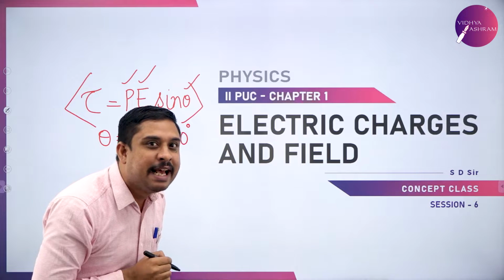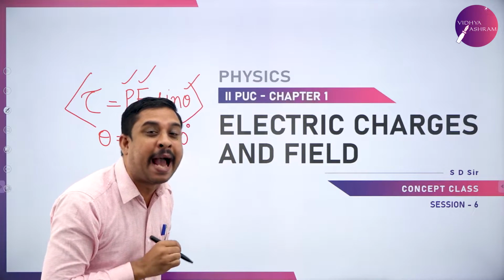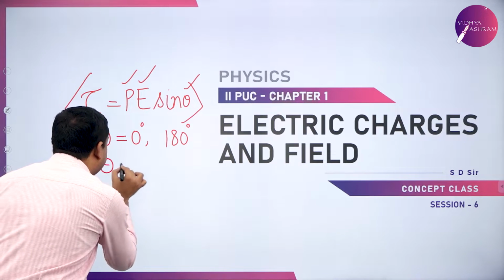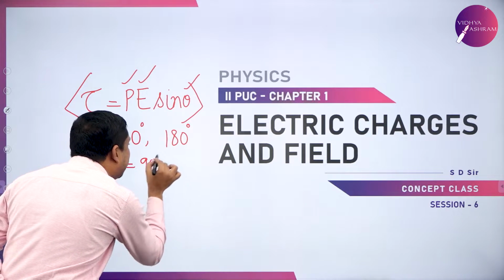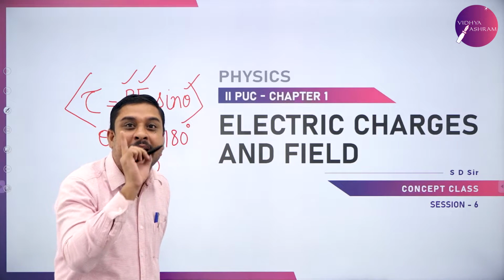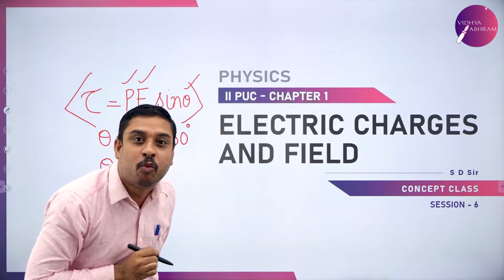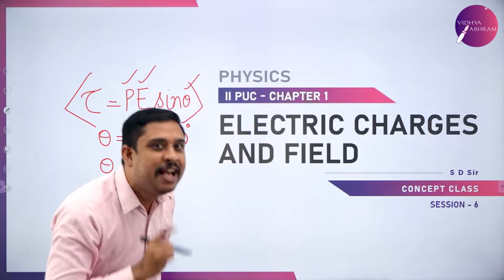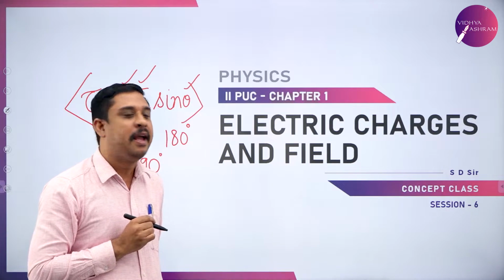And when was torque maximum? It was when theta is 90 degrees, that is, when the dipole moment was perpendicular to the direction of the electric field.